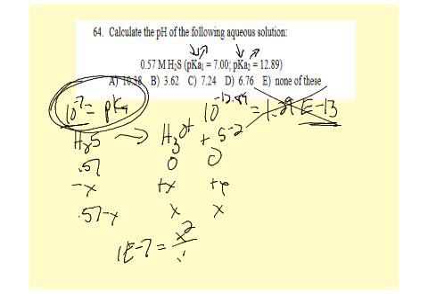X squared over 0.57 minus X. Solve it, and you get X equals 2.39 e negative 4.